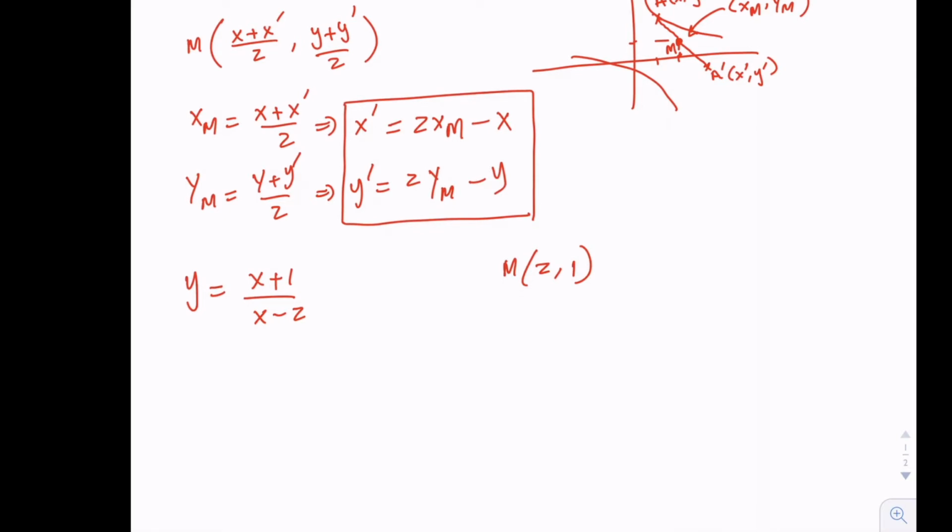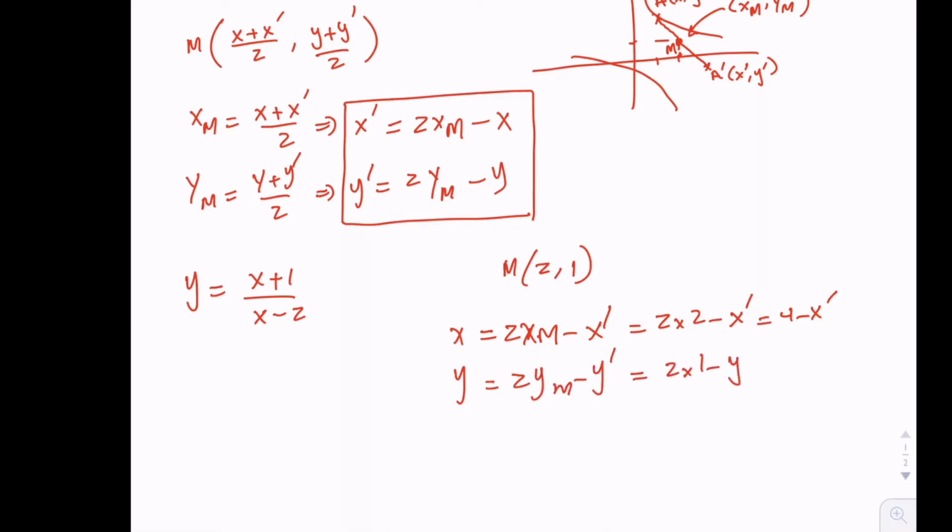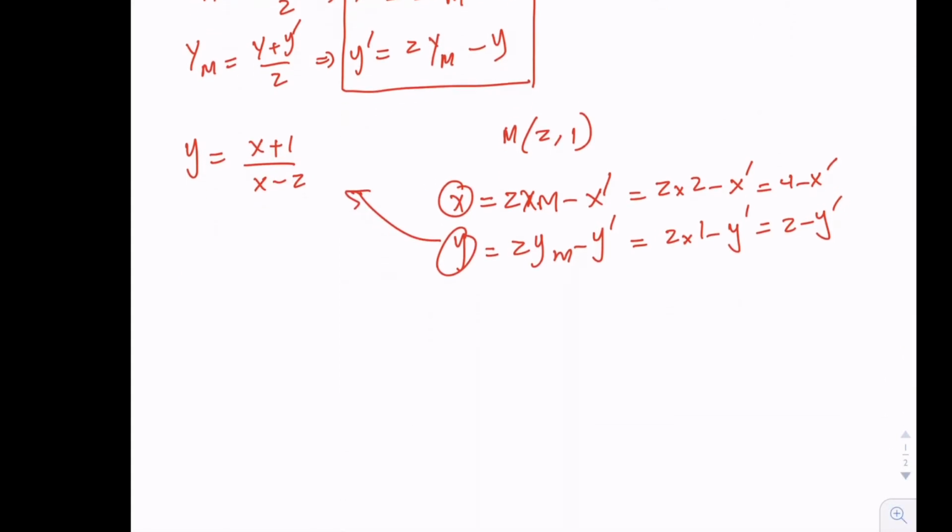So x will be 2xm minus x prime, which is 2 times 2 minus x prime, which is 4 minus x prime, and y will be 2ym minus y prime, which is 2 times 1 minus y prime, and that gives us 2 minus y prime.